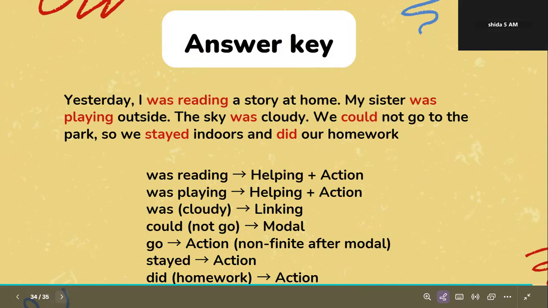We could not go. Could shows ability, so it's an example of a modal verb. Go is again an action verb, non-finite after a modal. Then stayed is also an action verb. Then did homework is also an action verb.